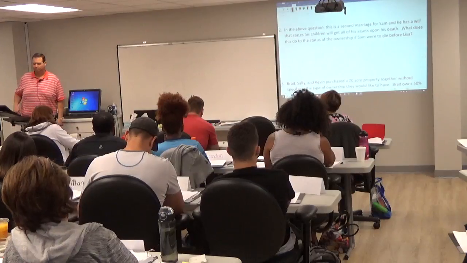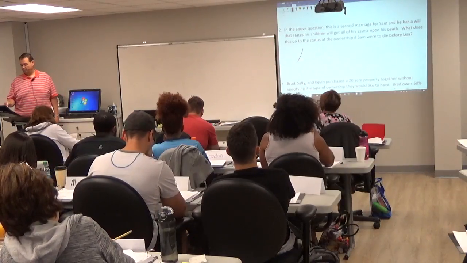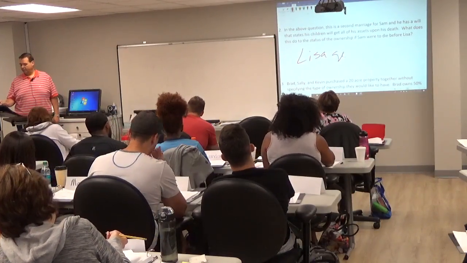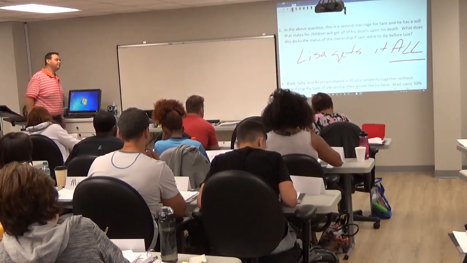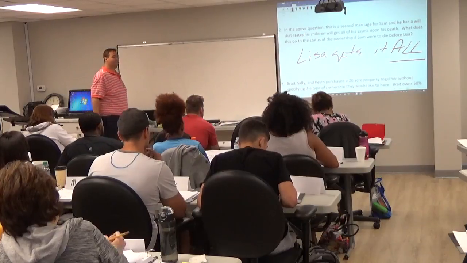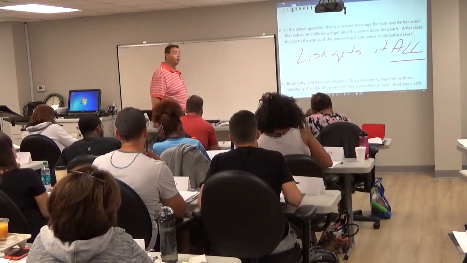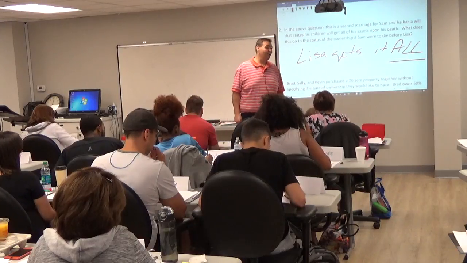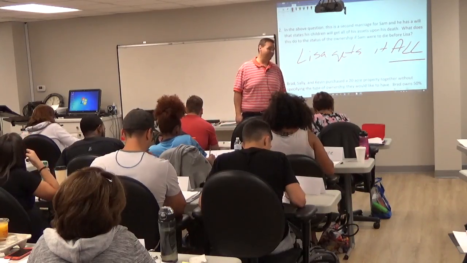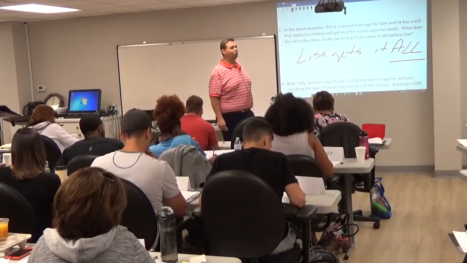Survivorship. So when Sam dies, what happens? Lisa gets it. When she dies, it goes to her heirs, whoever her heirs might be, and might her heirs not be his children. Goes to her heirs.